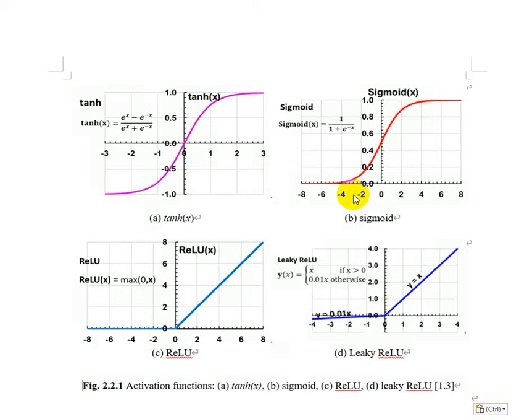Take a look at some examples. Here we have tentative neuron values.